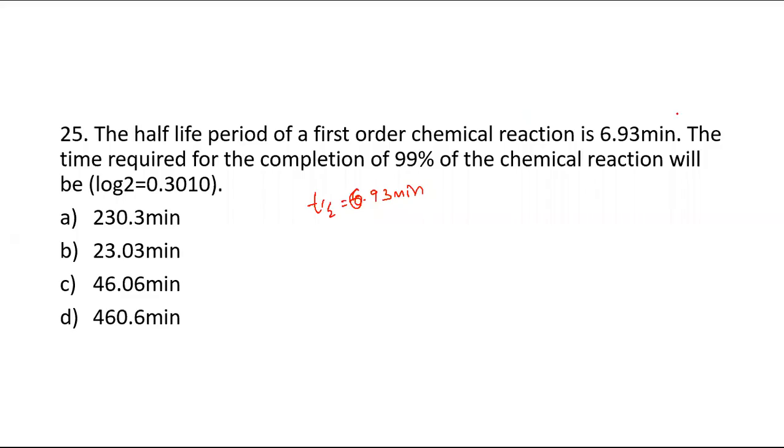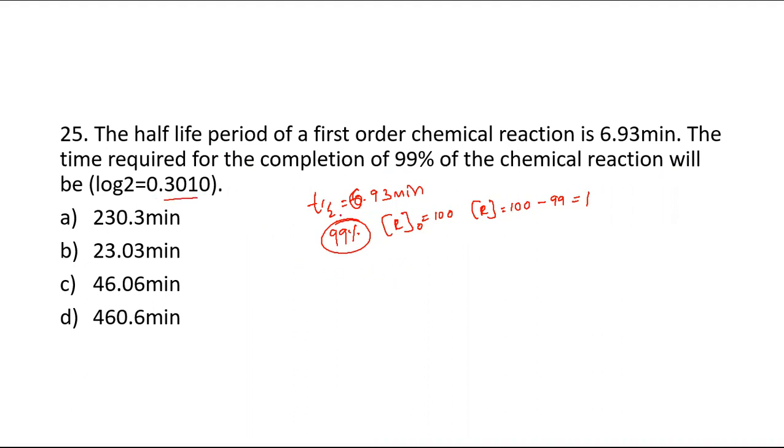So let me write the given data first. T half is given, that is the timing is given for a half-life first. The time required for the completion of 99% of the reaction. From this we can extract the initial concentration, that is 100, and final concentration, that is 100 minus 99 is equal to 1, of the chemical reaction will be how much, log 2 value is given.